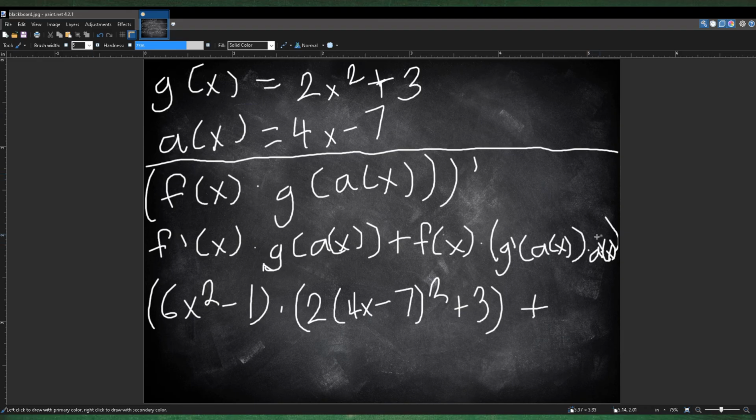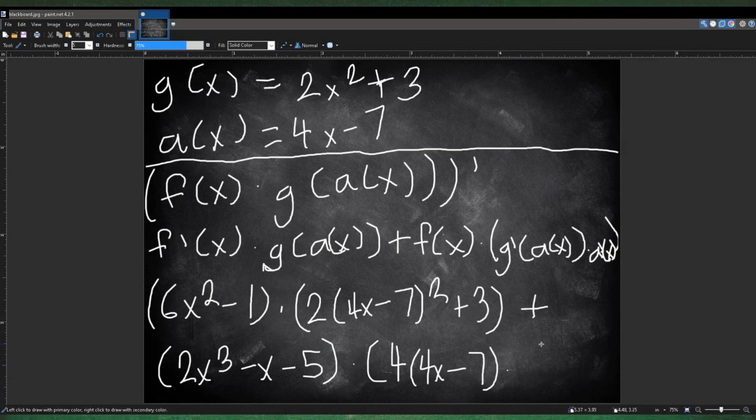Okay. So the derivative, the regular equation of f of x, that was 2x cubed minus x minus 5. And then multiply by the chain rule of g. So the derivative of g was right here, so that's 4x. But the x is substituted by a of x, remember, because we chained it, which is basically 4x minus 7.